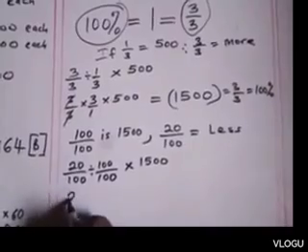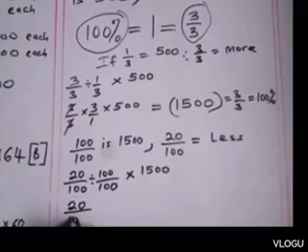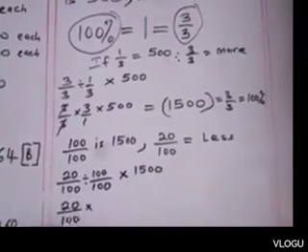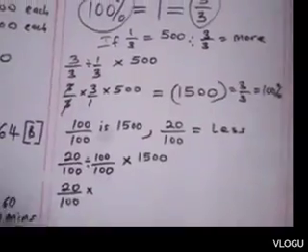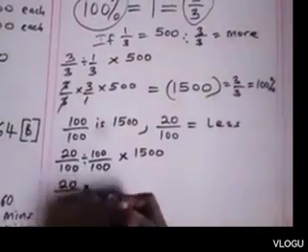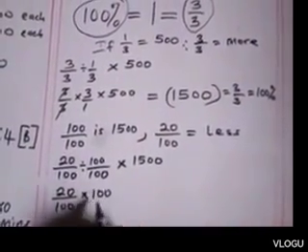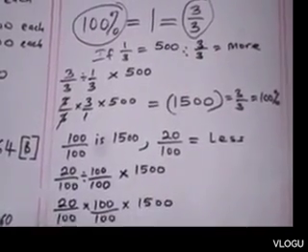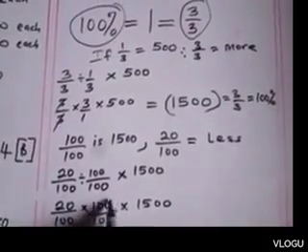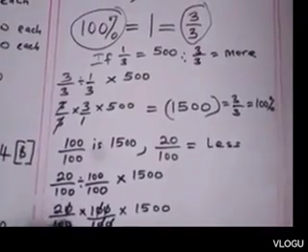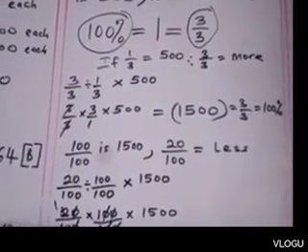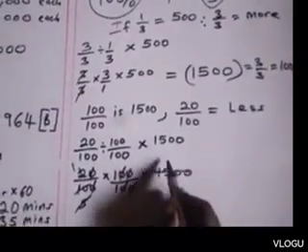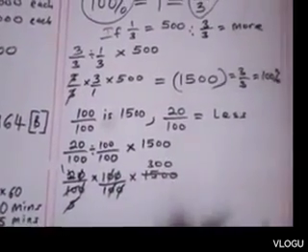I won't stop here. That will still be 20 over 100 multiplied by 100 over 100. Don't forget, if I turn it upside down, it is still 100 over 100. Then multiply by 1500. So this is out. 0 cancel 0. 2 here 1, 2 here 5, and 5 here 1. 5 in 1500 will give us 300.